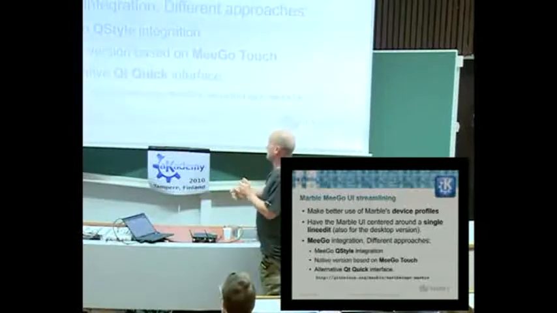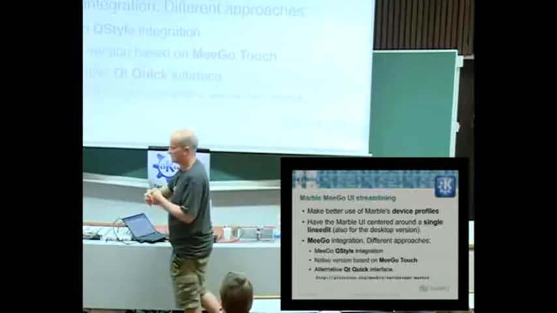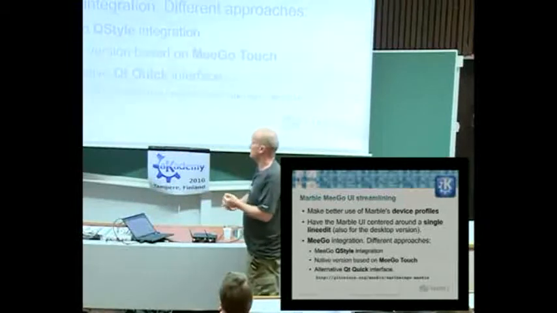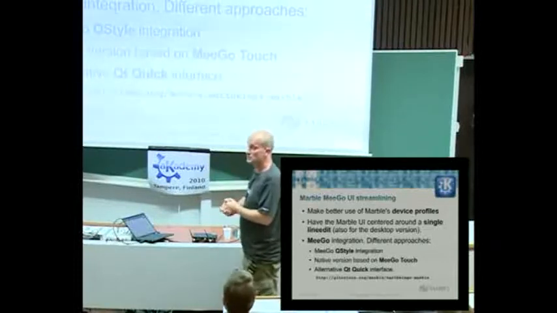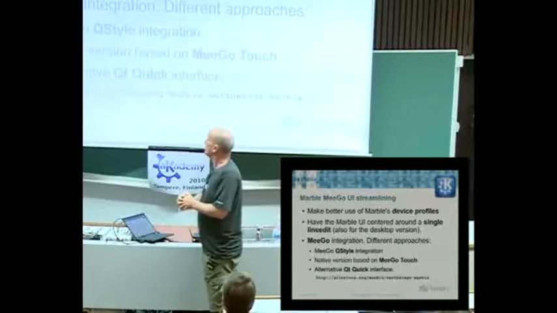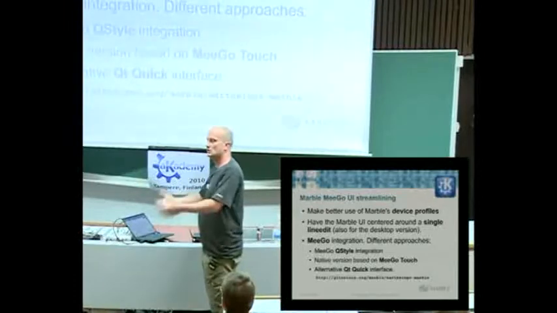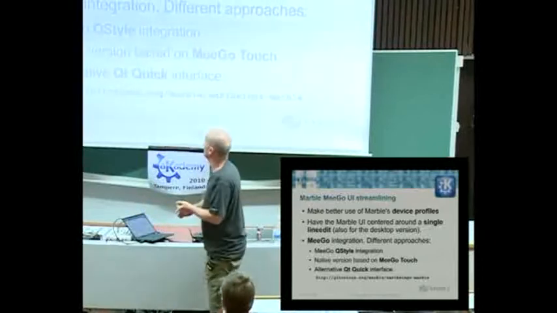One, of course, the cheapest one would be to integrate it just using the Qt style that would be shipped with it. That's actually something that I'm working on as a daytime job, developing plain Qt style for the MeeGo platform, so that normal Qt applications will look like MeeGo Touch applications on MeeGo.